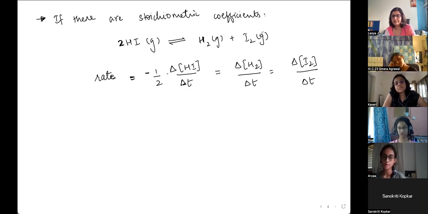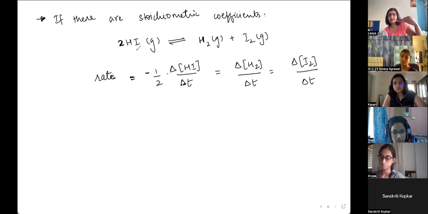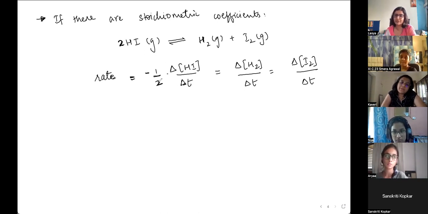So if you calculate as it is, at least in terms of reactant, if you're looking at the disappearance of HI, everything will be multiplied by a factor of 2. So that's why you have to divide it by whatever is the stoichiometric coefficient. Here 2 is the stoichiometric coefficient, so you divide it by 2.